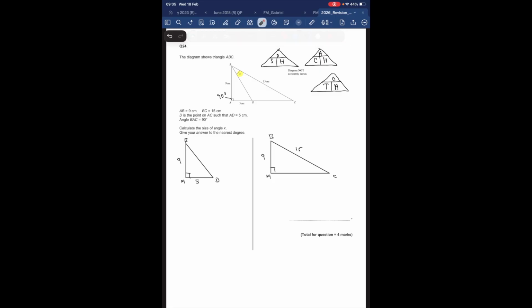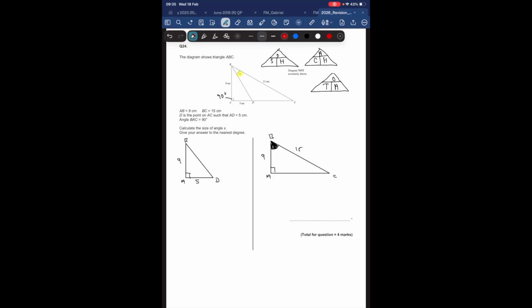Now, the logic behind this problem, we're going to do it in two steps. What we're going to do is we're going to work out the whole angle here first of all. We're going to work out the angle ABC. So we want to work out this whole angle, which I'm going to mark in black. Now, I'm going to work out that angle using this triangle here, which is the angle B in the big right angle triangle.